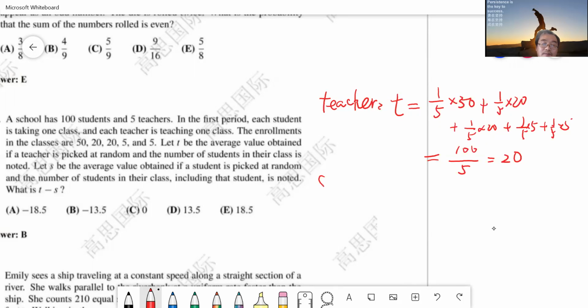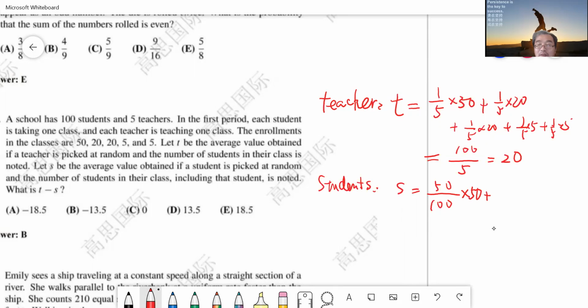Okay, let's look at the students. That's S. You can think about randomly picking a student from the list. We have 100 students. For the first class, there's 50 out of 100 probability, and the number of students is 50, so we times 50.